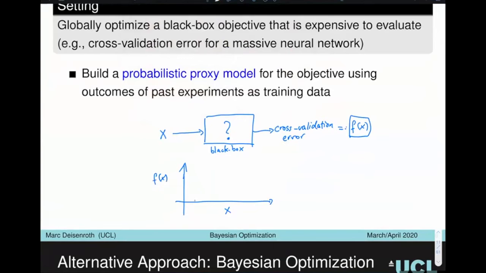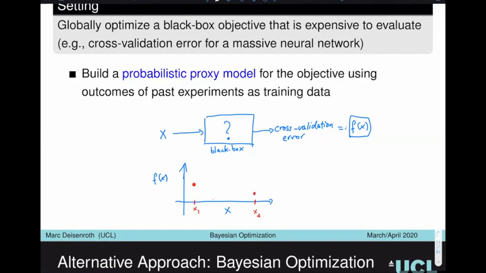Let's assume we have our first experiment where we use x1 as our first input. Now we wait for 2 weeks and we get one observation. Now we're trying something else. Here's x2, the second experiment, and we get a different observation. We wait for another 2 weeks.